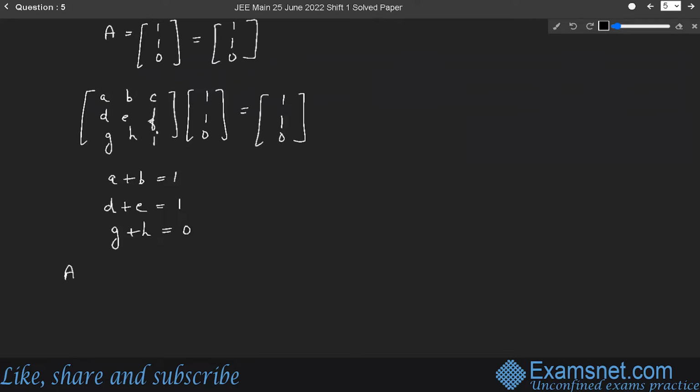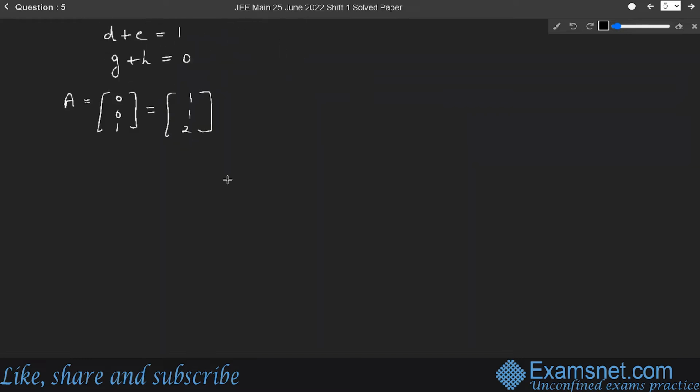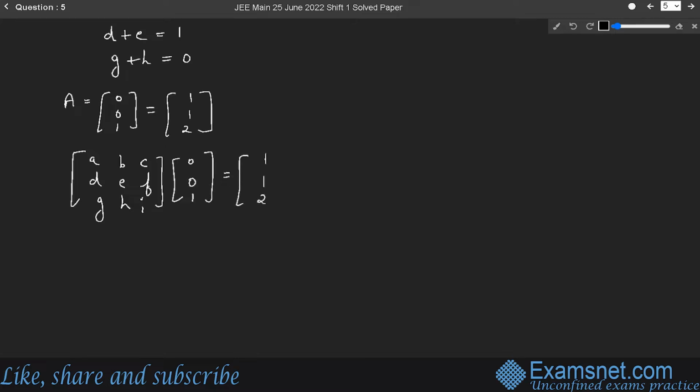It is also given that A times [0,0,1] is equal to [1,1,2]. Therefore, [A, B, C; D, E, F; G, H, I] times [0,0,1] will be equal to [1,1,2]. It implies that C is equal to 1, F is equal to 1 and I is equal to 2.